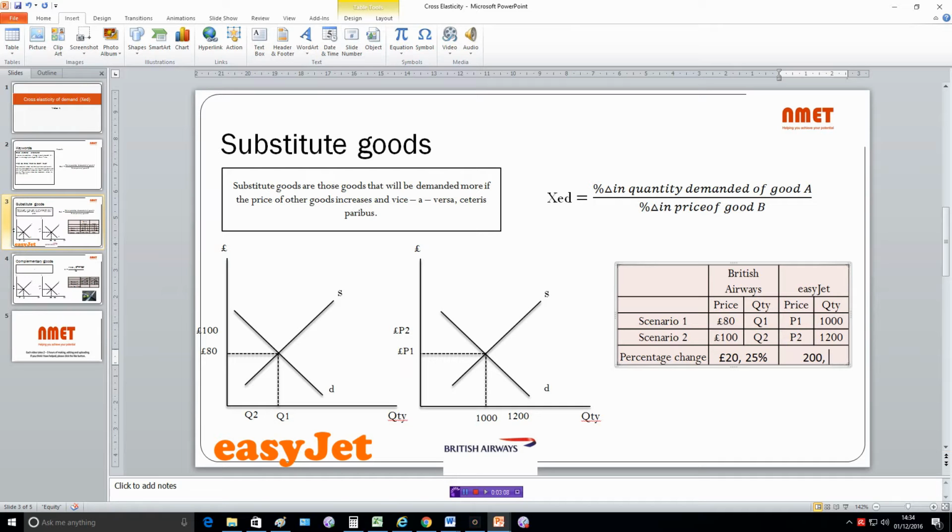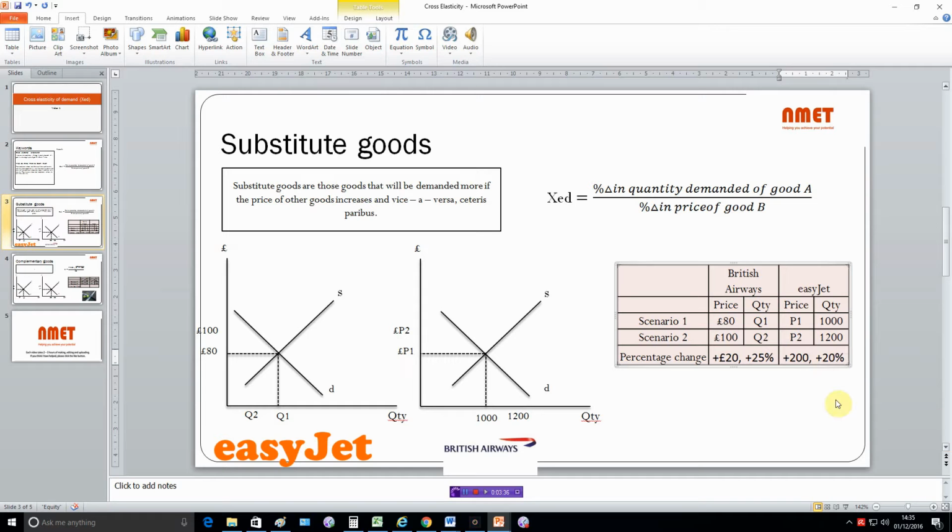A fifth, or as a percentage, 0.2 or 20%. 0.2 is a decimal, and that's 20%. They're all transitional, aren't they? But another thing to remember is the price is increasing. So that's a plus 25% and a plus 20. The quantity for EasyJet seats has gone up, so that's a plus 200 and a plus 20%.